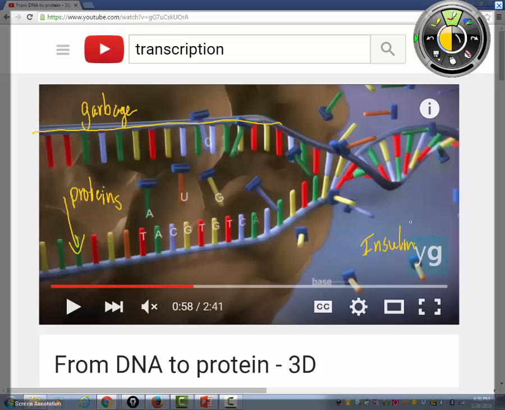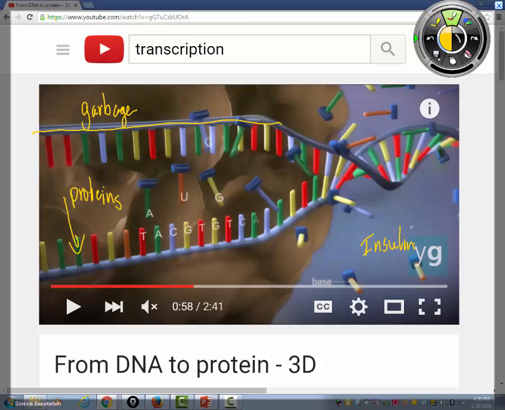And this section of DNA shown in this little video codes for the protein insulin. Would it make sense to unzip the entire strand of DNA, exposing all these little bases where they can get damaged? Or would it make more sense just to unzip the section of DNA, the gene that codes for the protein insulin? Well, the second one makes more sense. So that's exactly what happens.